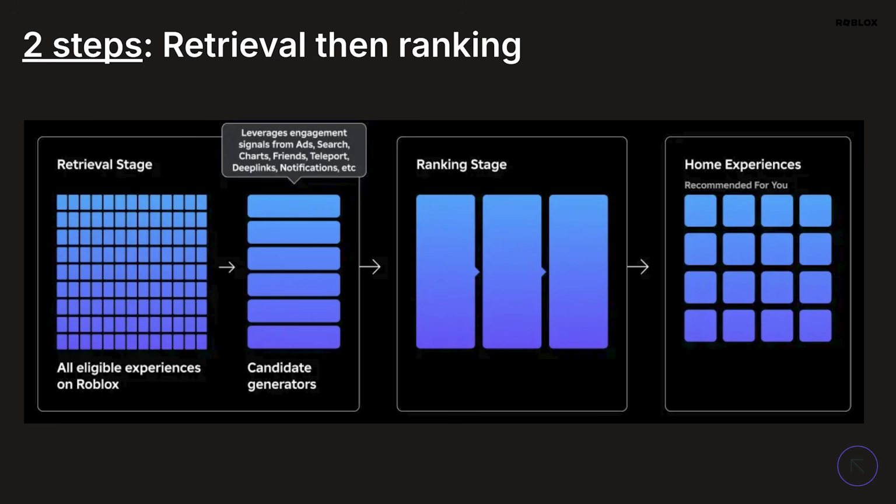So the ranking stage only takes into account if you view, click, and play from the recommended for you section. It does not take into account if the user plays from search, ads, or other direct links. Only if you click and play from the recommended for you section are the signals that drive the home recommendation algorithm considered for ranking. Next slide.